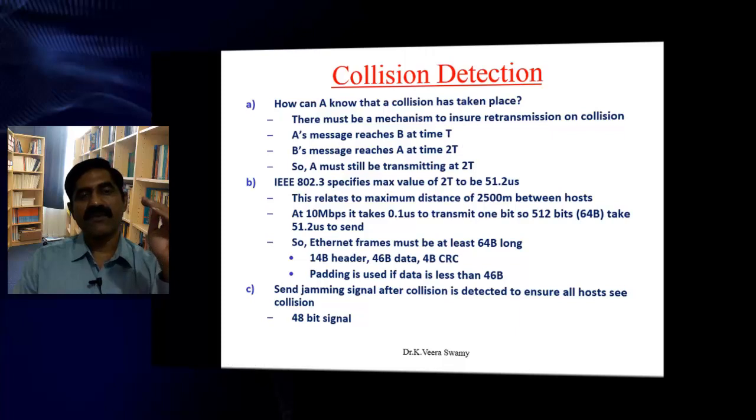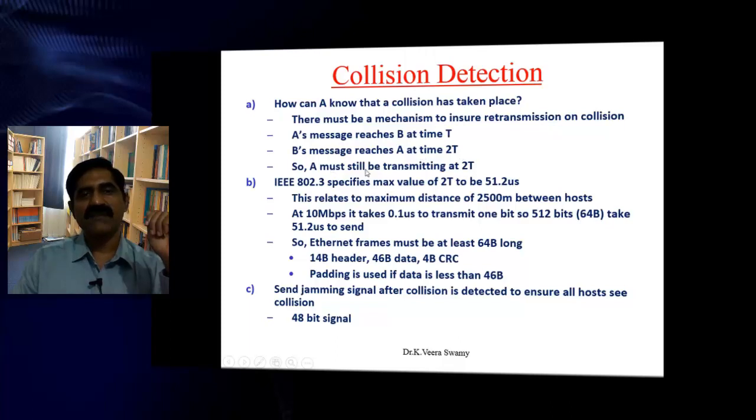Actually, when you are transmitting data from one place to another place, you have to maintain a specific length of data frame so that your first bit reaches the last node in the LAN. That is the basic idea. So A's message reaches B at time t. Suppose B's message reaches A at time 2t.